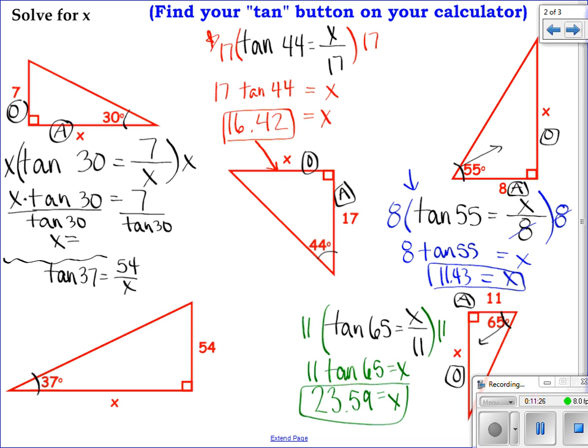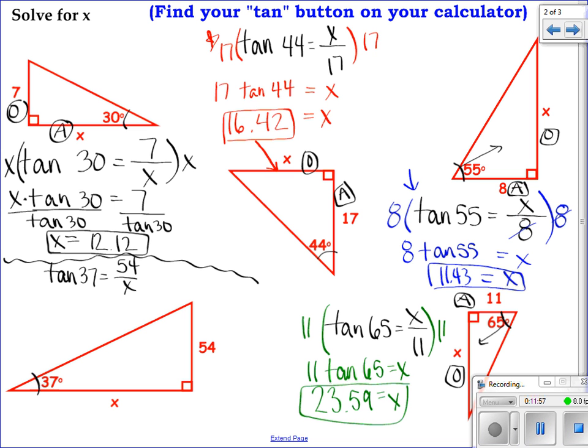In our calculators, we're going to put exactly what you see there, 7 divided by tan 30. 12.12 is what I get. If you don't have a TI-30X and you need to put that in, you're going to do this.